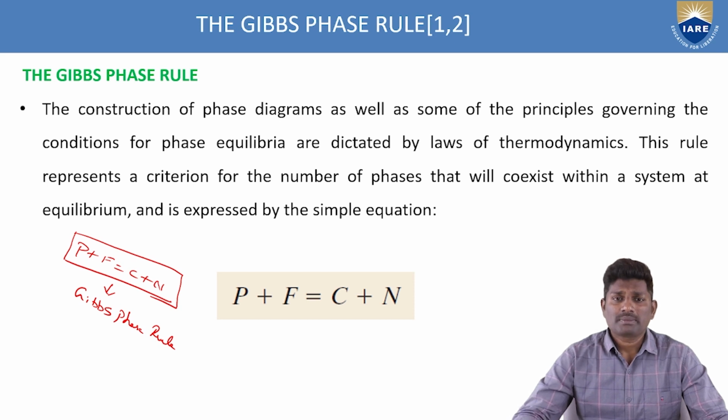This will also tell us how many phases are present or existing in the system. Suppose in any system you may have a number of phases. How many phases there are can be calculated with the help of this Gibbs phase rule, whether it is a single phase or a double phase, it will give the number of phases existing within the system.